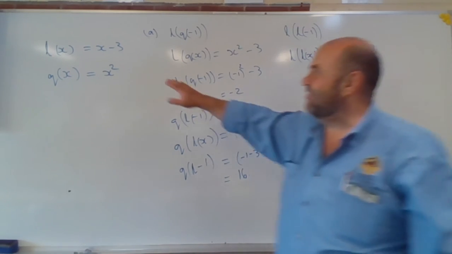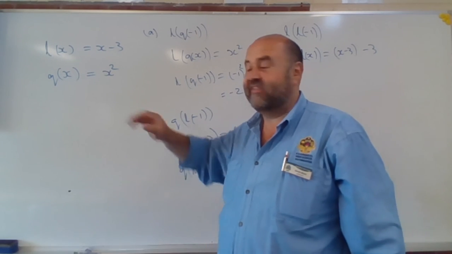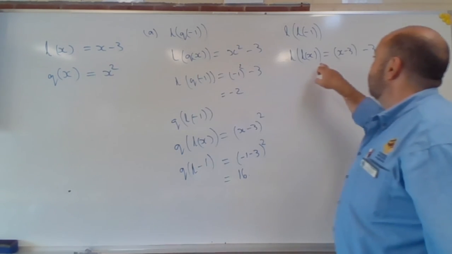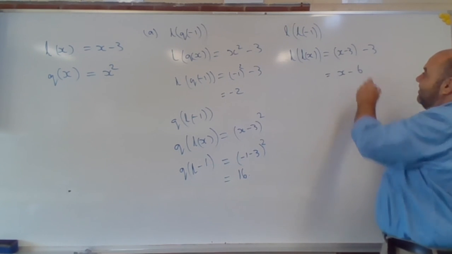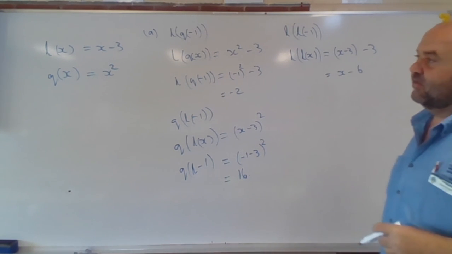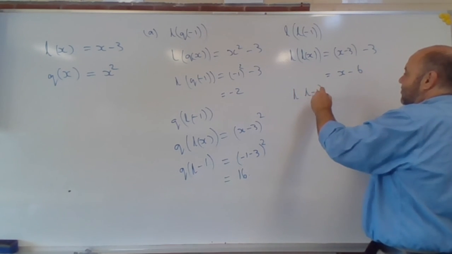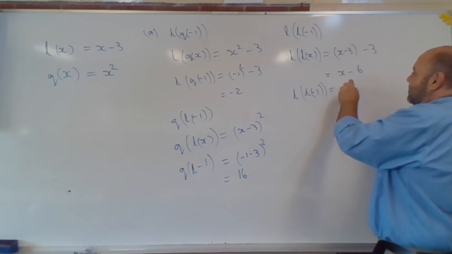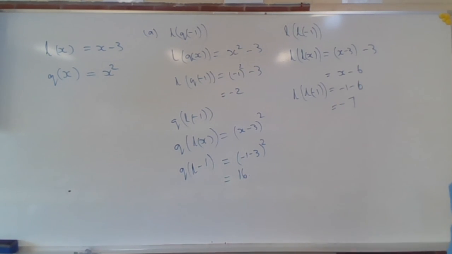So I've taken x minus 3 and I've replaced x with x minus 3 in that. Okay, which just gives me x minus 6. So L of L of -1 is -1 minus 6, which is -7.